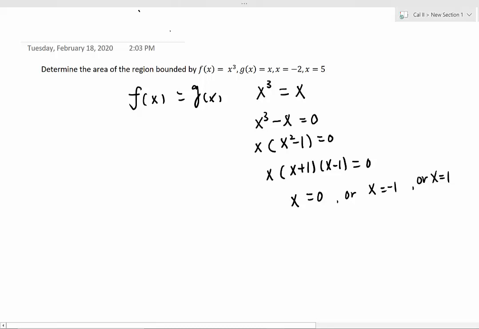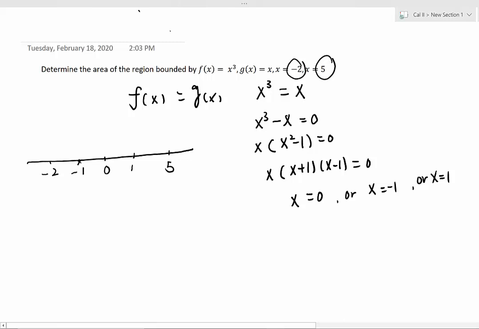Now let's look at more values we have, -2 and 5. So let me give a number line right here, just to help me know where I should look. -2, -1, 0, 1, and 5.